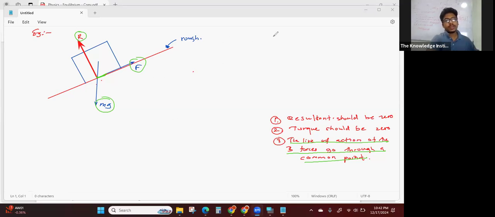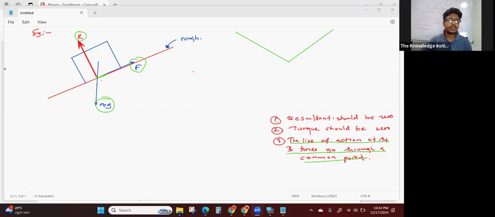Another example. Okay, so here it is not that the three forces are intersecting.